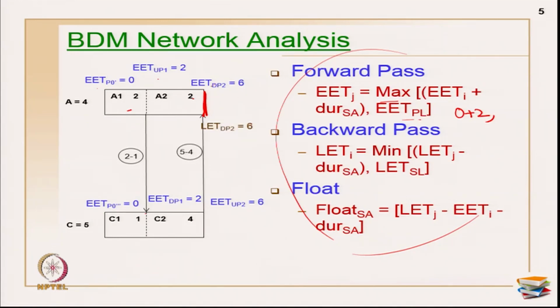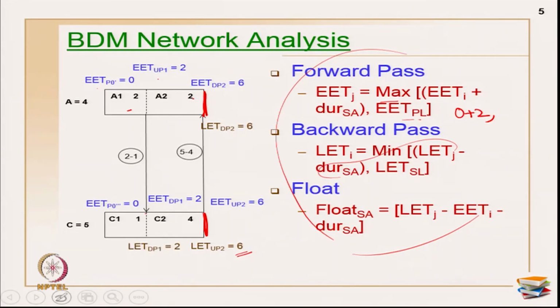So, late event time for this particular event will be 6. Now, next will be this particular event, because the link is traveling from this side. Now, what will happen here is minimum of late event time minus duration, but there is no successor activity here. So, you cannot take this. So, this becomes nullified here, and for the late event time of the successor link, I am having a value of 6, that is why you got a value of 6 here.